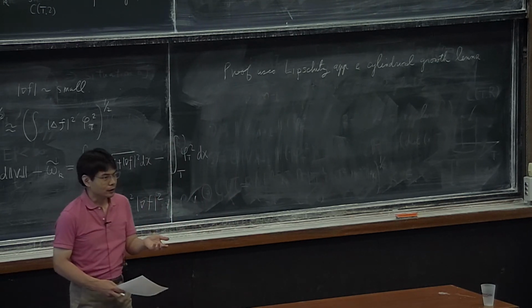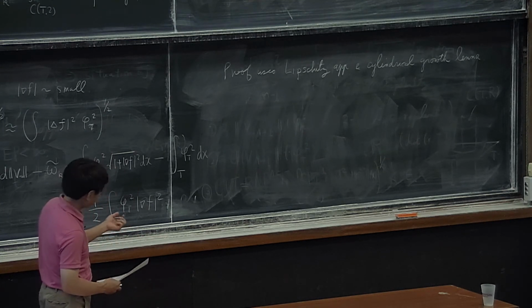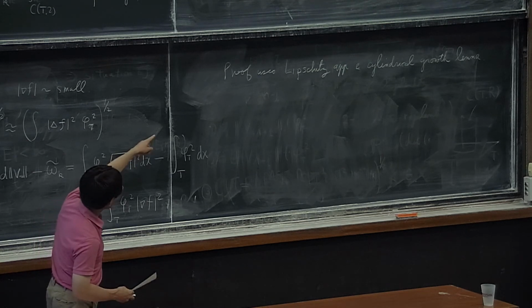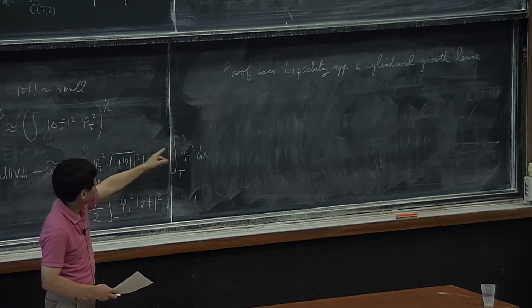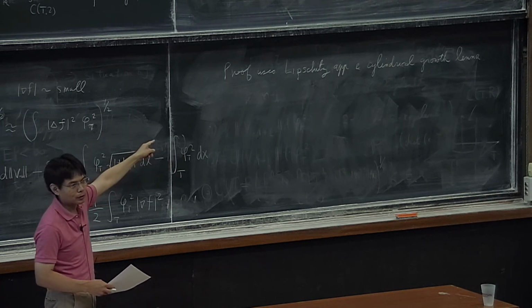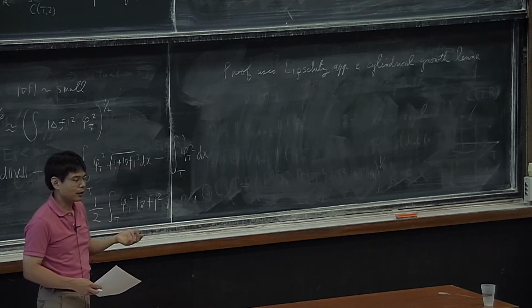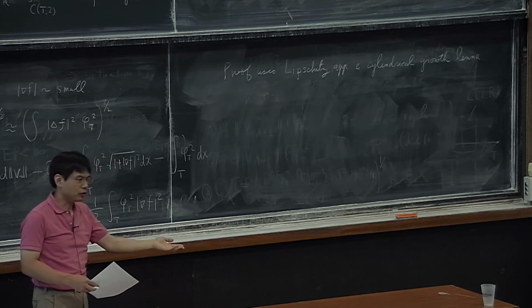So how am I going to use this? The idea is, if your area is a bit far away from the unit disk, you have this lower bound of the mean curvature. And the nature of Brakke's inequality is that if you have mean curvature, area tends to decrease.